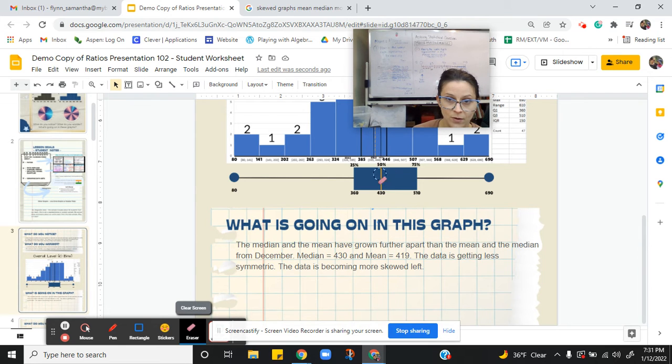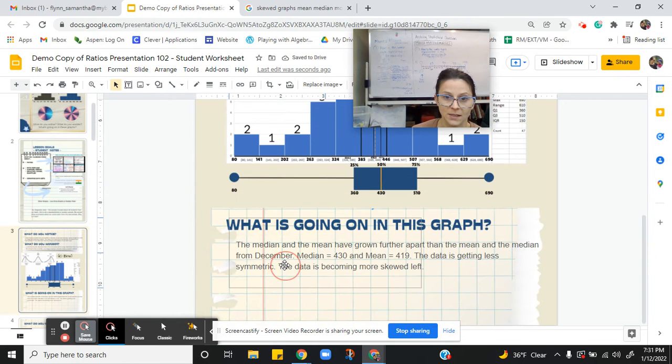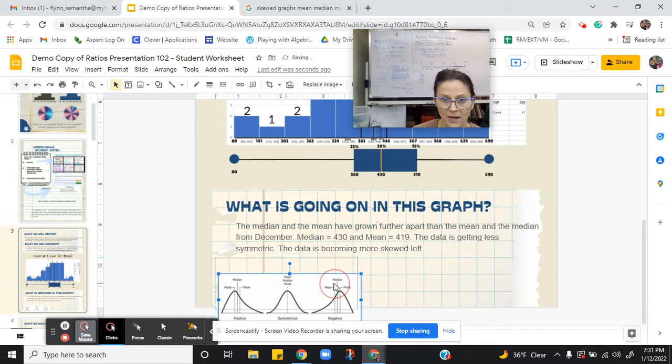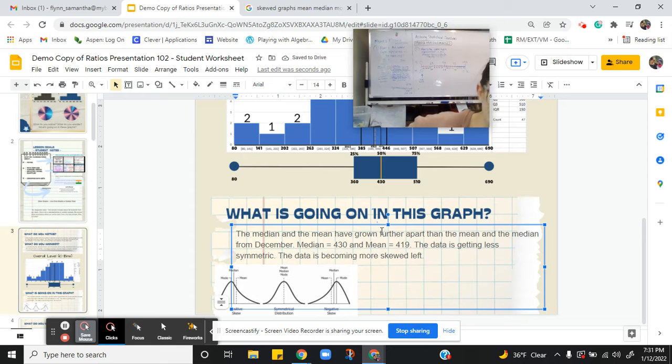Okay, I don't know why that's not working, and I just want to paste that picture, because this is the practice of collecting notes and creating artifacts. You could put any of this into your portfolio and explain it when you're trying to present your student-led conference. Okay, so the data is becoming more skewed left, all right? And so see image below, see image from Wikipedia below.